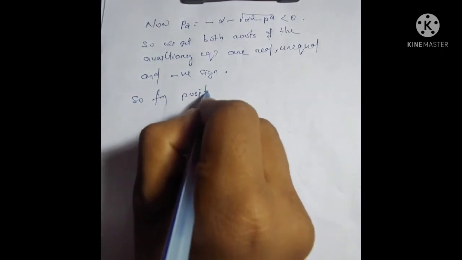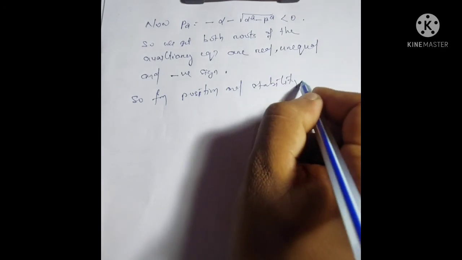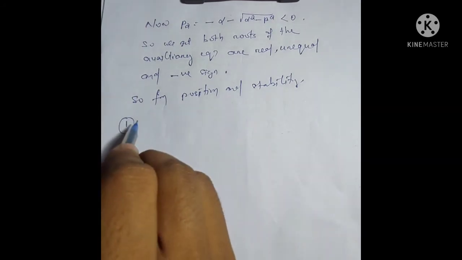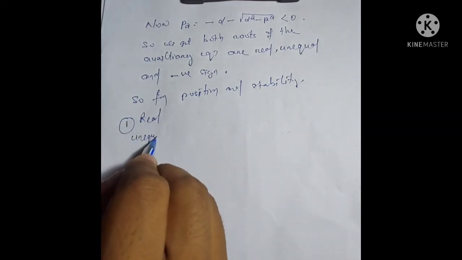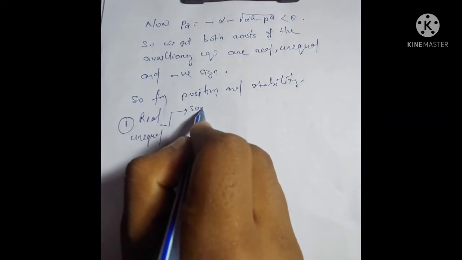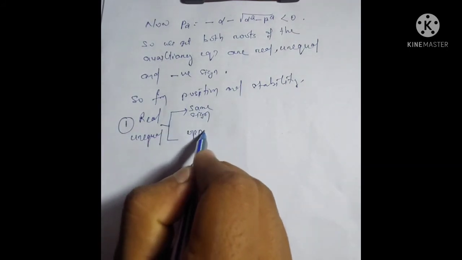So for position and stability of the critical point we have 4 conditions. Condition 1 is if the roots are real and unequal, then we have 2 cases: both roots of the same sign, and of opposite sign.